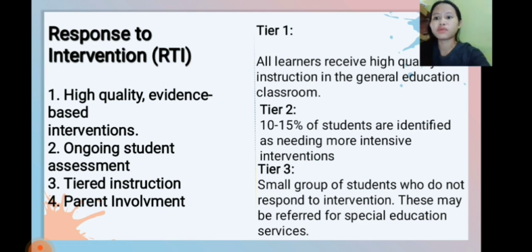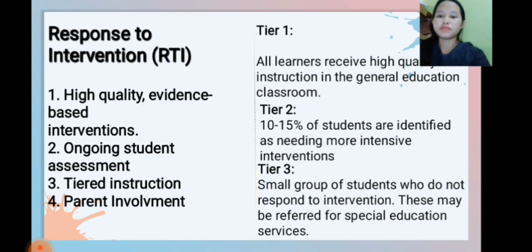RTI, or response to intervention, is a high quality, evidence-based intervention with ongoing student assessment and instructions that must be followed.